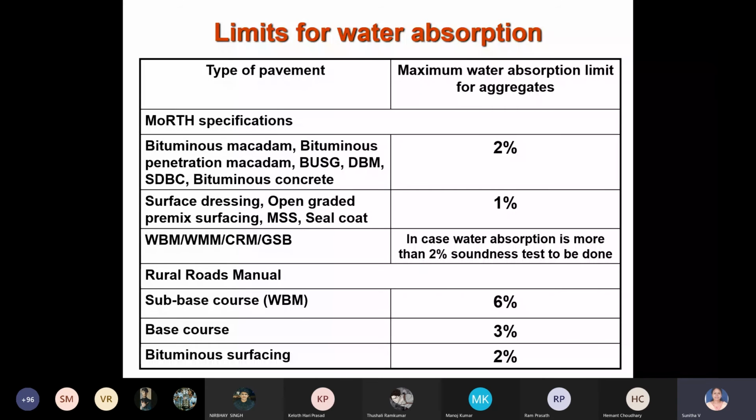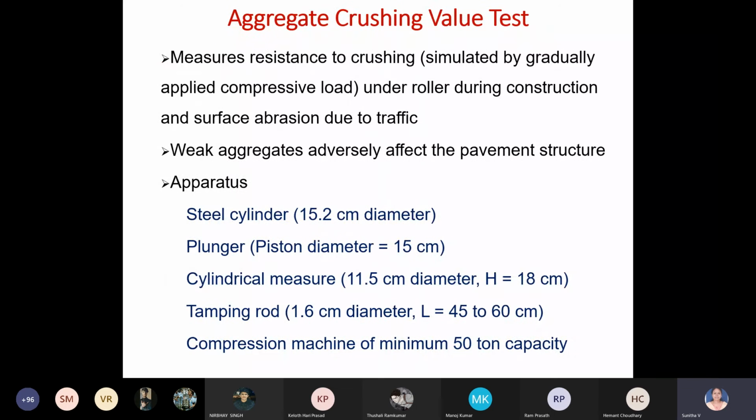If you find the water absorption is more than 2%, you have to check the durability or weathering properties; that is, a soundness test should be conducted. As per the rural roads manual, for sub-base course it's 6%, base course 3%, and bituminous surfacing 2%.